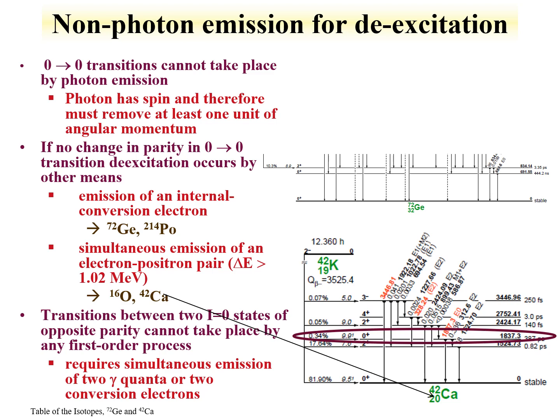And then here's an example of calcium-42, where the energy is shown here at 1,837 keV above the ground state. That's larger than what's necessary for pair production, so this de-excitation can occur by pair production.